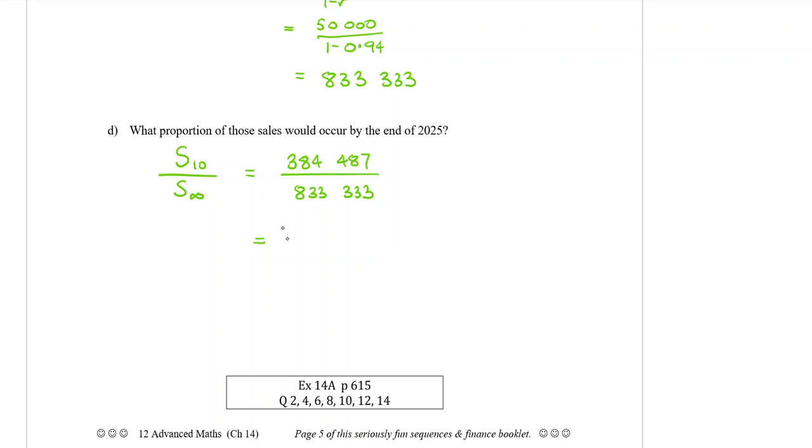So as a decimal that comes out as 0.4614, or maybe you'd like that as a percent, so that's 46.14%. So almost half of their sales are happening in that first 11 terms, and then it's going to taper off quite drastically for the rest. All right, so 14A.